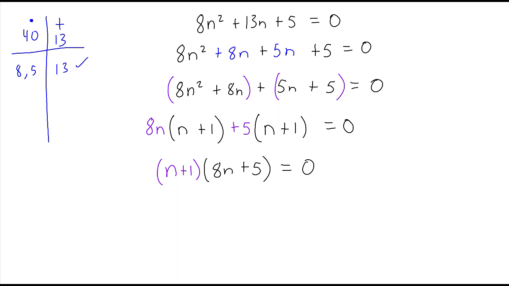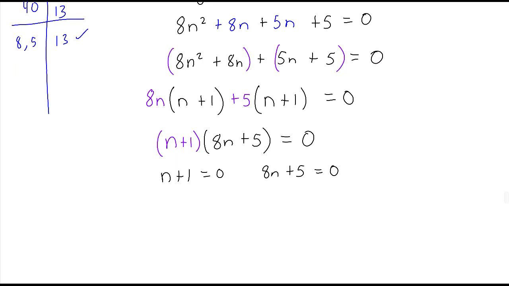Now, I'm going to take each part and set them equal to 0, as the zero product property says that I can. n plus 1 equals 0: I'll subtract 1 from both sides to eliminate the constant term. All I'm left with on the left side is n, and 0 minus 1 is negative 1. Then 8n plus 5 equals 0.